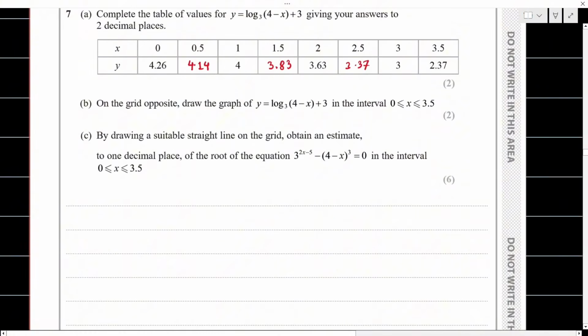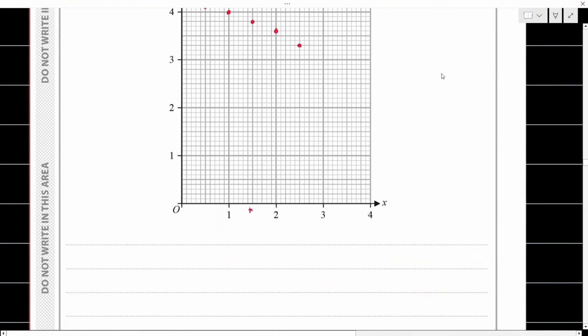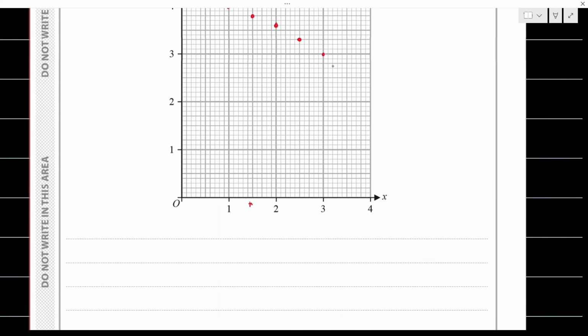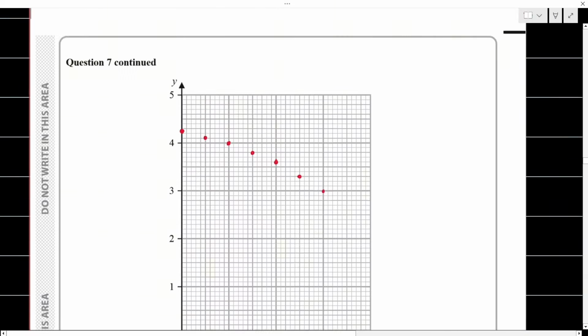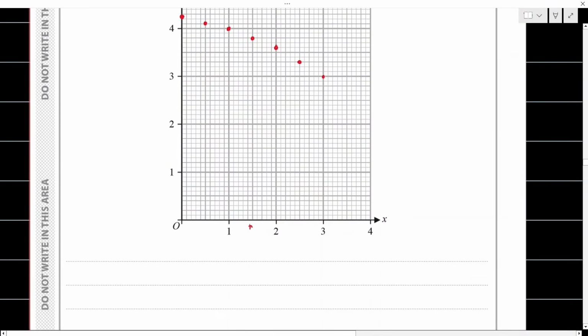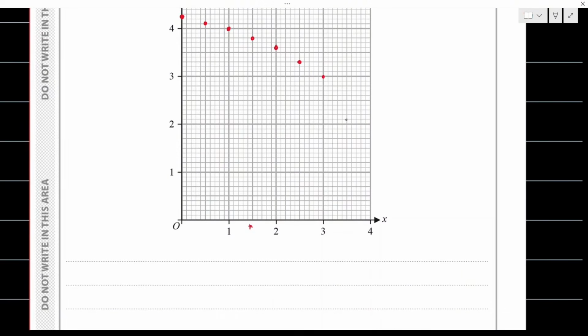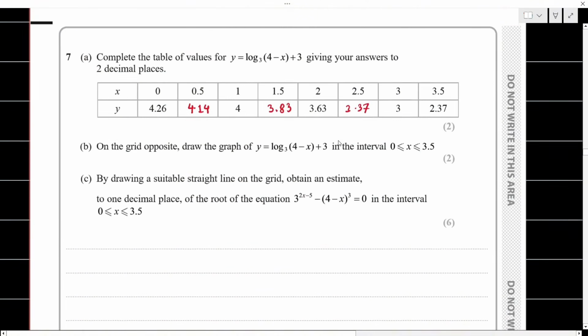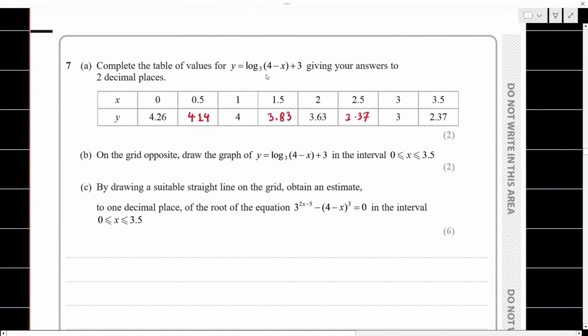And then we have 3, 3, and 3.5, 2.4. So joining all the points will give us the graph of y equals log base 3 of (4 minus x) plus 3.